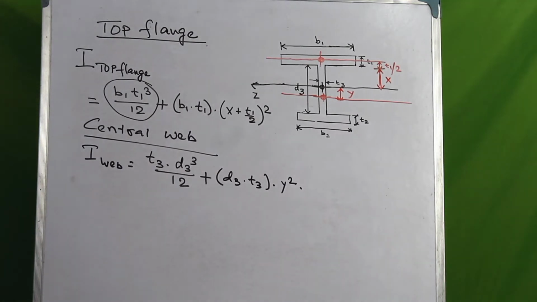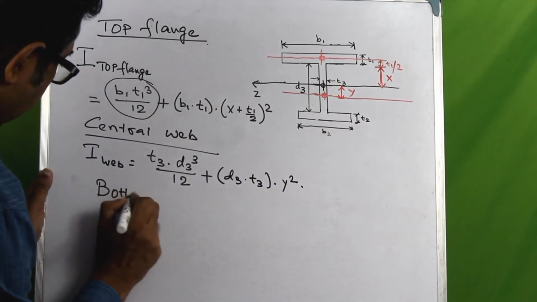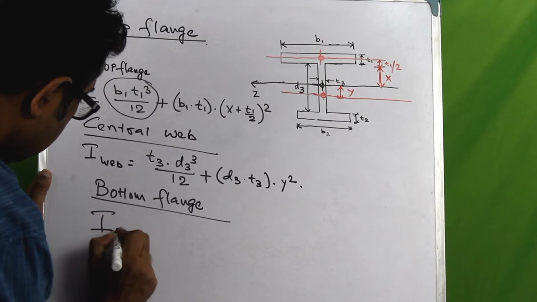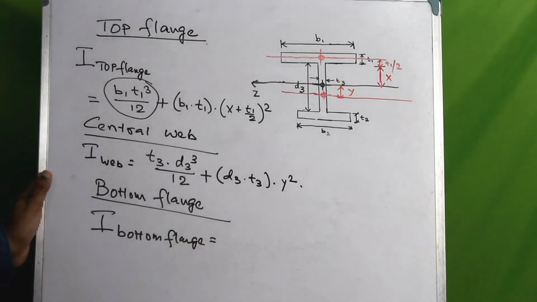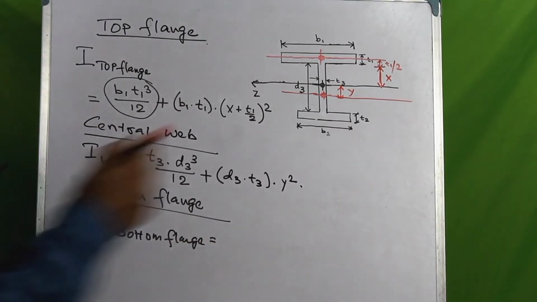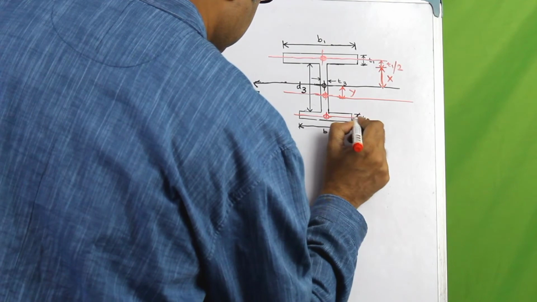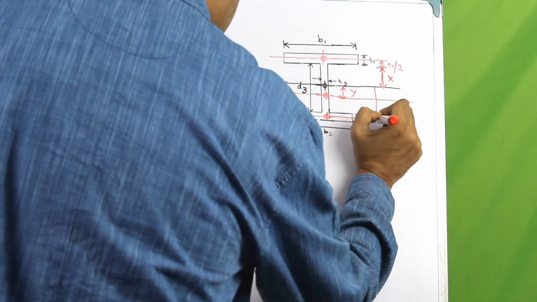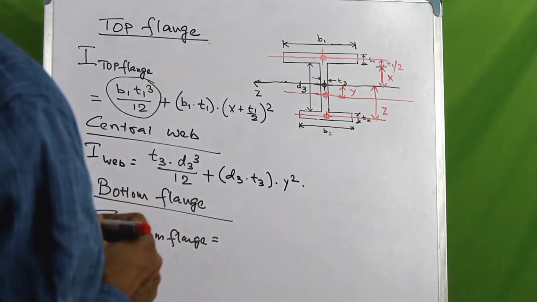And finally, the contribution of the bottom flange similarly would be given by, so we want to locate the centroidal axis for the bottom flange like this, and let the distance from the centroidal axis of the whole cross section be given by z.